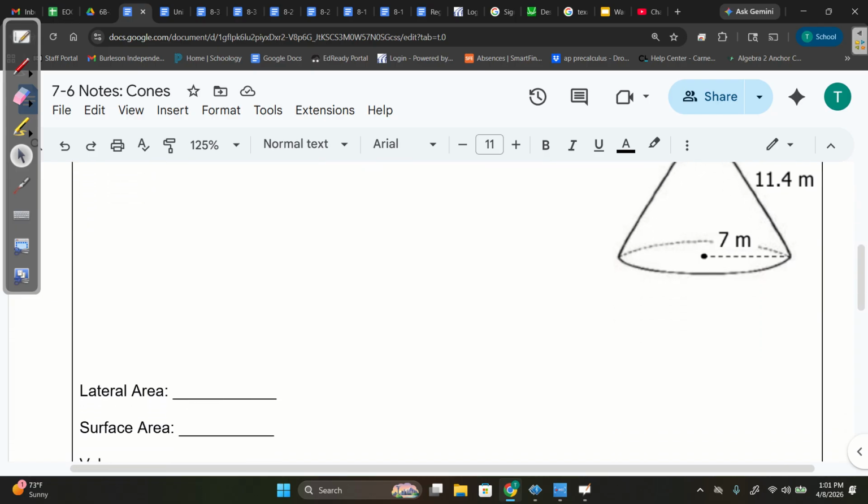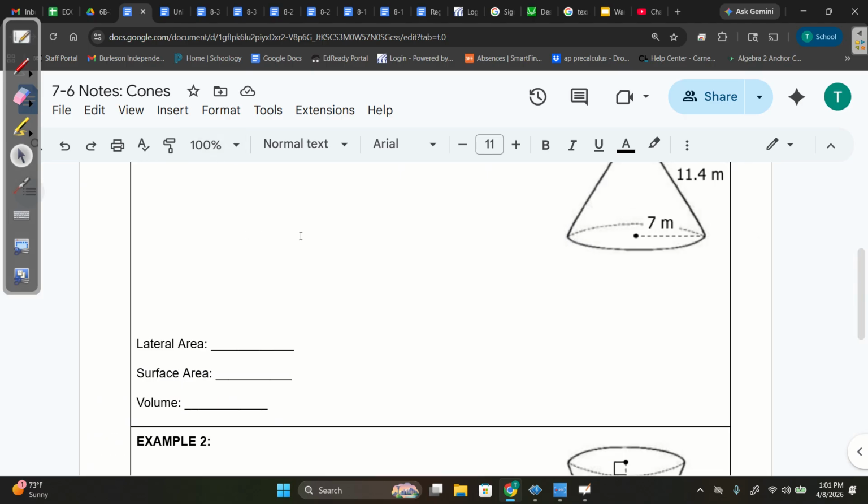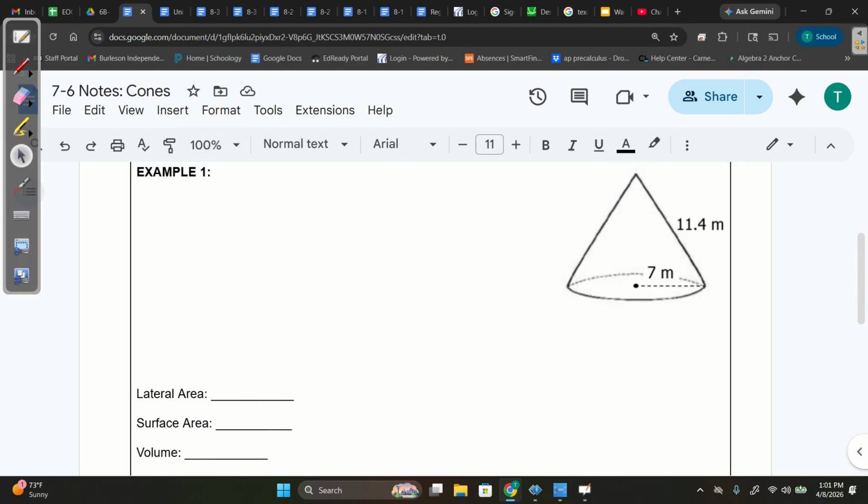Example number 1, I've got to find the lateral area, the surface area, and the volume. First things first, let's rewrite those formulas. Lateral area is pi times radius times the slant height. Surface area is the lateral surface area plus the base.